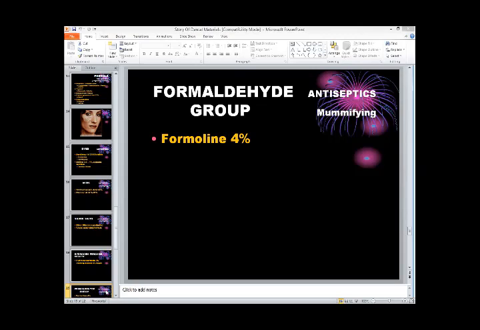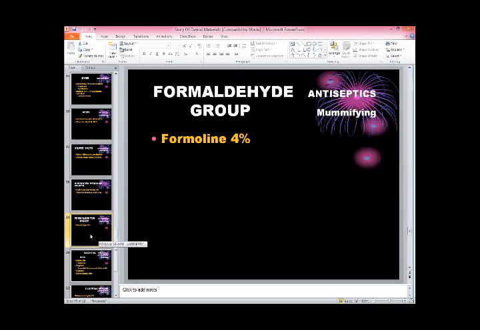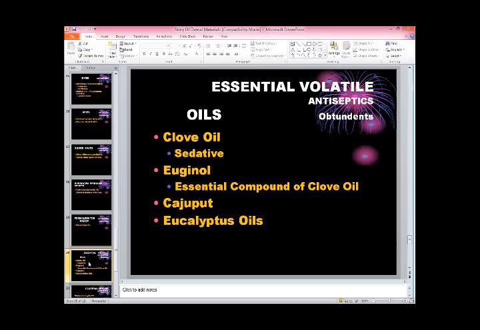Another group is essential oils. There are oils which we use in dentistry to make materials and preparations for dental treatments, in which we have clove oil, eugenol, cajuput oil, and eucalyptus oil.